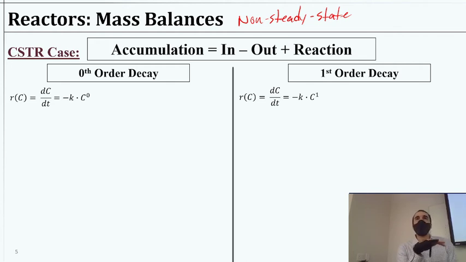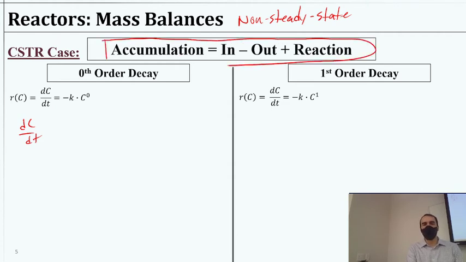And here, what I expect you to be able to do is these steps: for the non-steady state system, we're going to have dC/dt, basically starting from this governing equation, right? For a non-steady state case, this is going to be a CSTR we're looking at. You should be able to at minimum write this out.